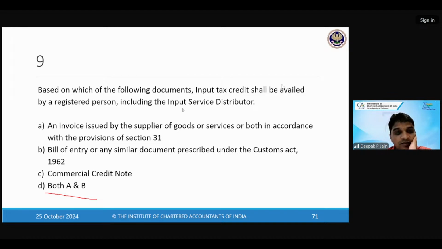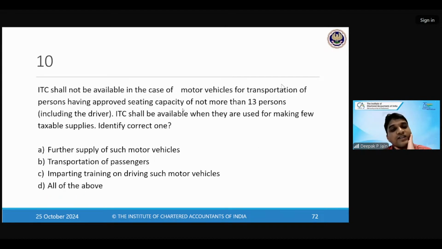And the last MCQ. ITC shall not be available in case of motor vehicle for transportation of persons with seating capacity. What's the answer for 6? Okay, first answer this, then we'll go back to the 6. In this ITC, what do you think?